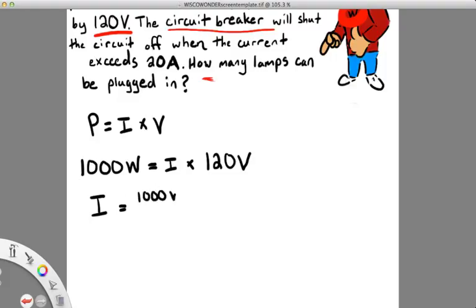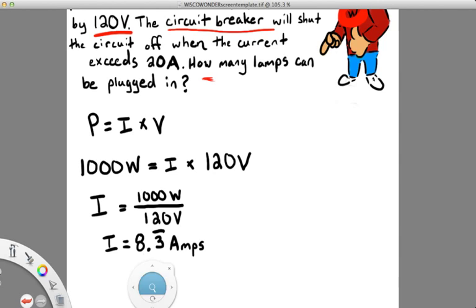So, like this. And this value is 8.3 repeating, and again, that's in amps because that is the unit of current.